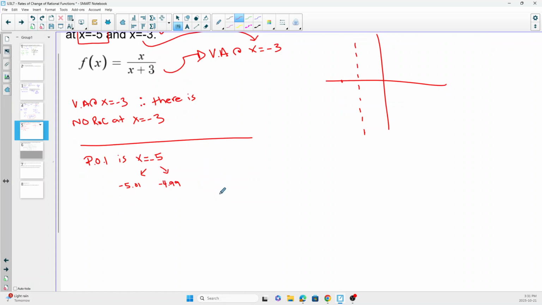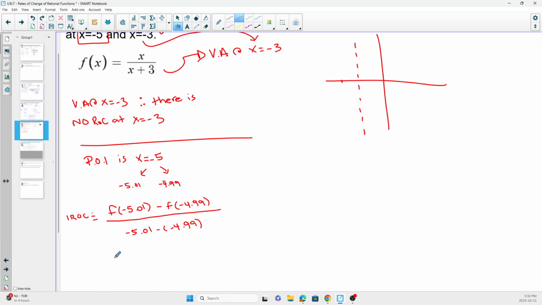But ultimately, our method is the exact same as our average rate of change. So we're saying, okay, what is happening at -5.01, and what is the function value at -4.99? And what is the difference in those x values? And this is all to help us calculate the instantaneous rate of change, and it is approximately equal to this calculation.